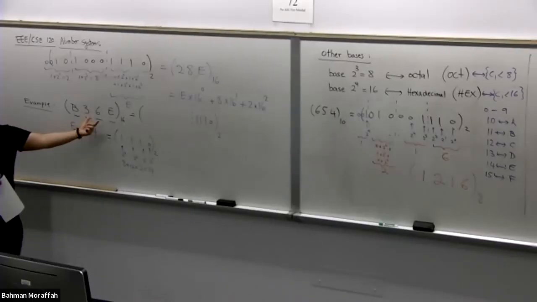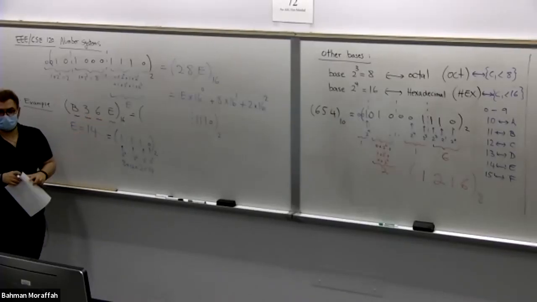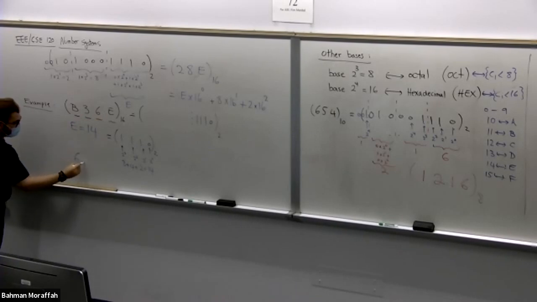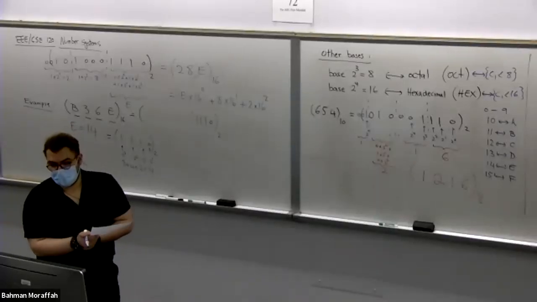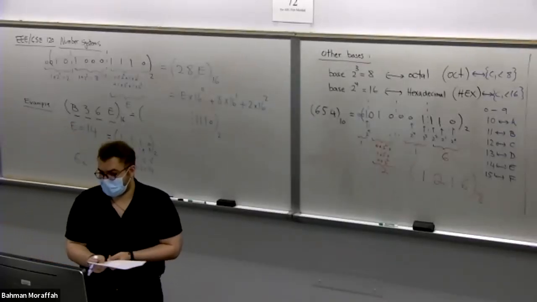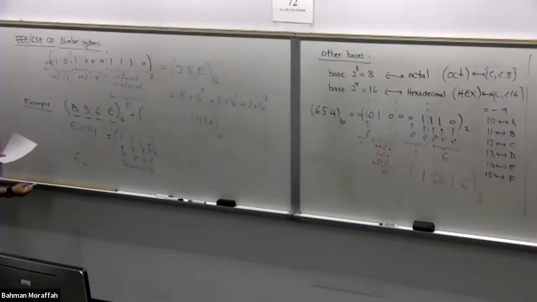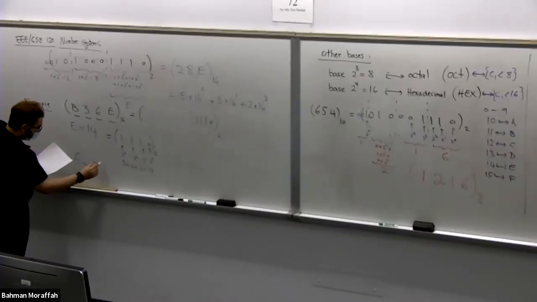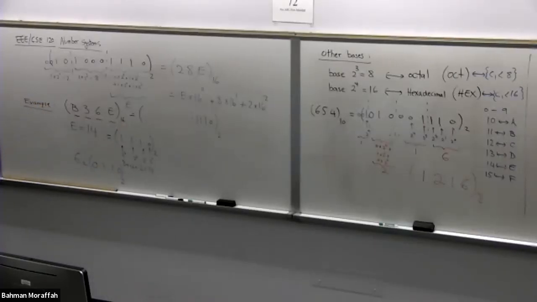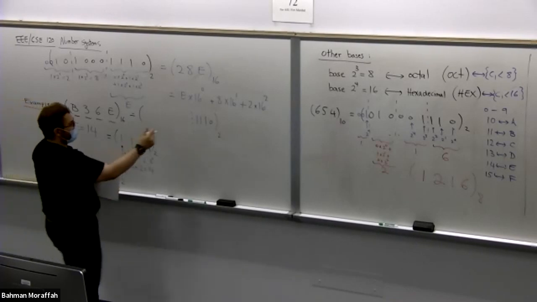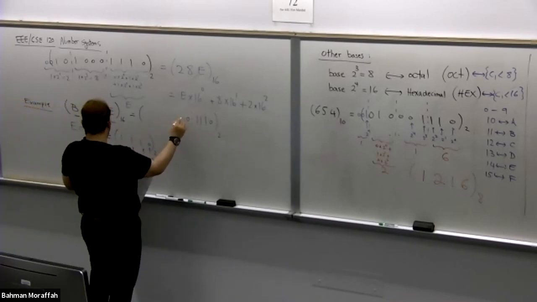How about the 6? How can I write the 6? Can somebody else tell me as well? Yeah, that would be 0, 1, 1, 0, in base 2. So I can put it here: 0, 1, 1, 0.